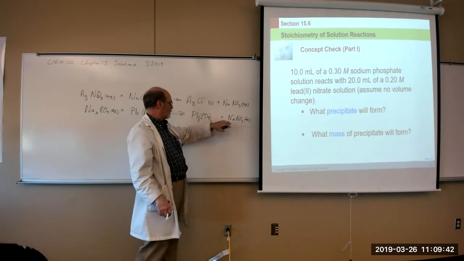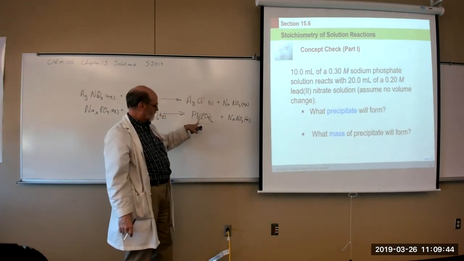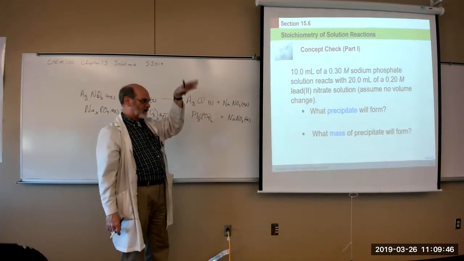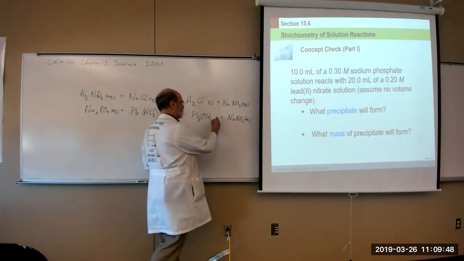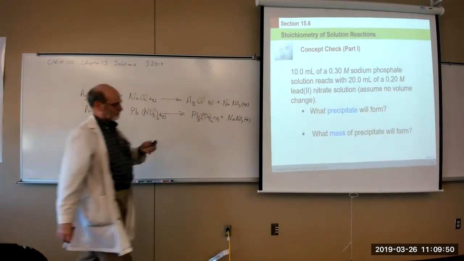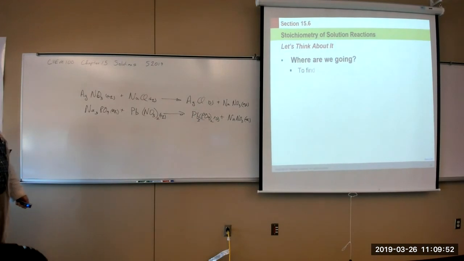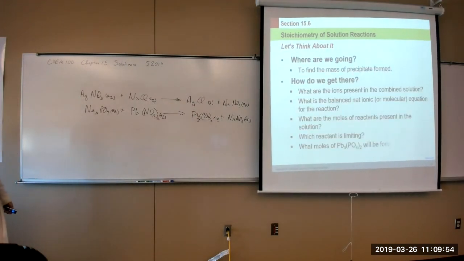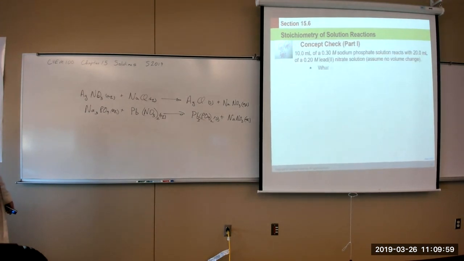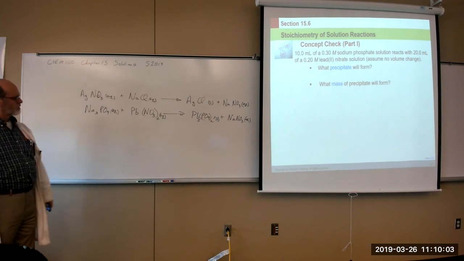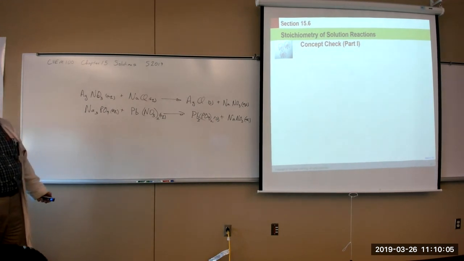We know that one's soluble. Then check this one, follow the lead, and then down the phosphate, and you find out it's insoluble. So that forms a precipitate. Oh, okay, so what was the other? I forget what it was asking.